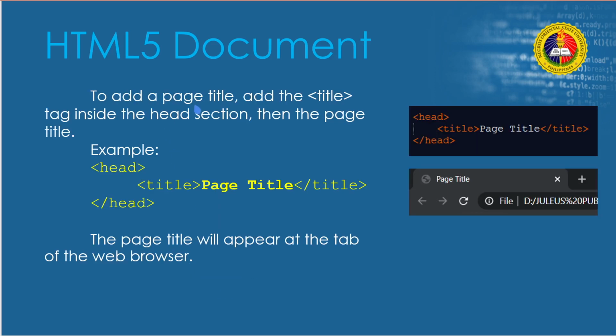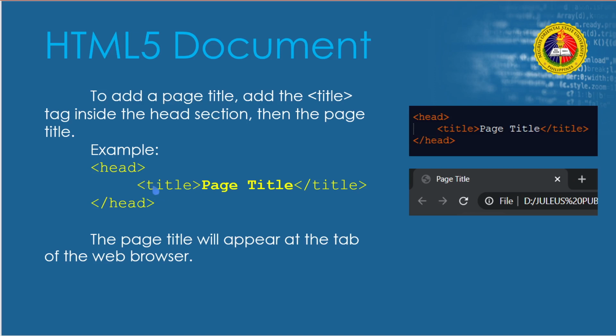And then to add a page title, add the title tag inside the head section. As per definition, inside the head we can add the title of the web page. So how do we write the web page title?